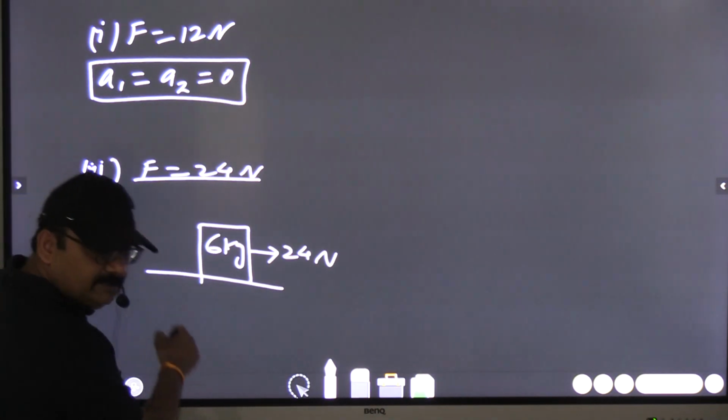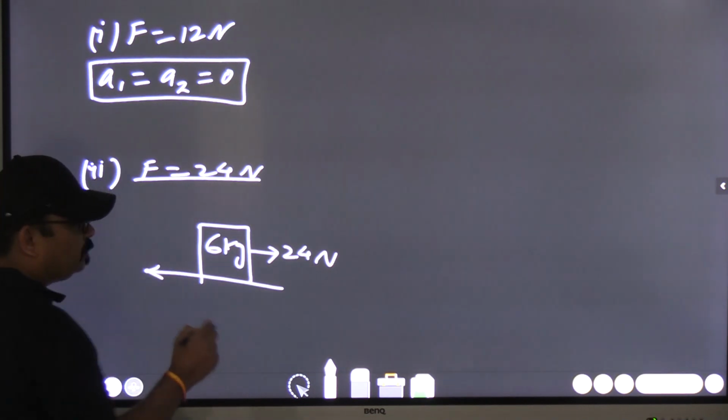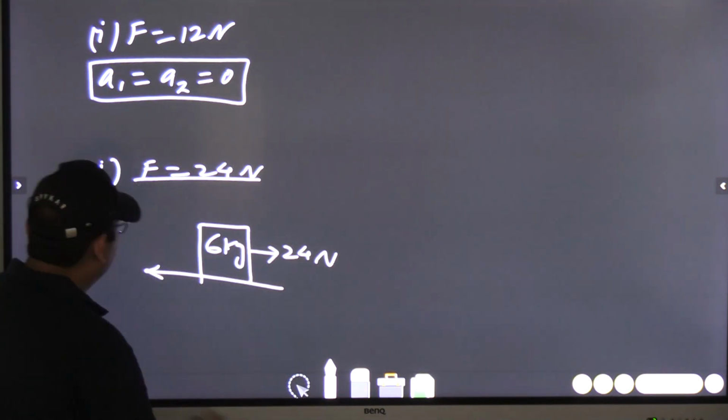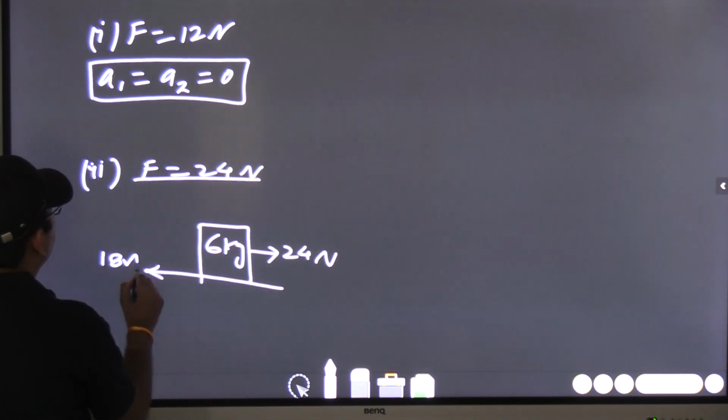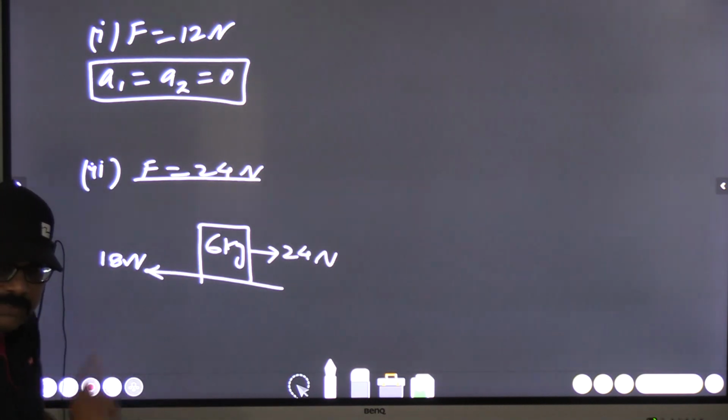And what was the friction between the surface and the bodies? That was the limiting friction. What is the value of friction? I think, check, it was 18 Newton. So 18 Newton is acting in the backward direction and 24 Newton in the forward direction.